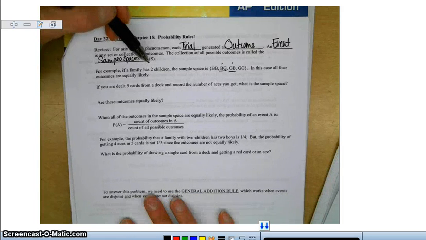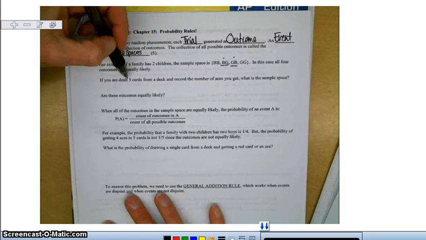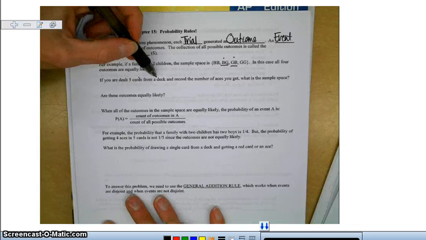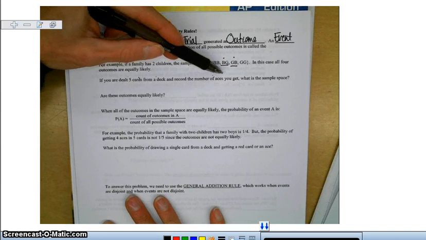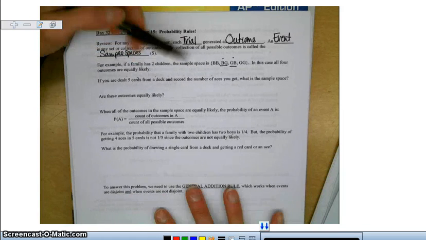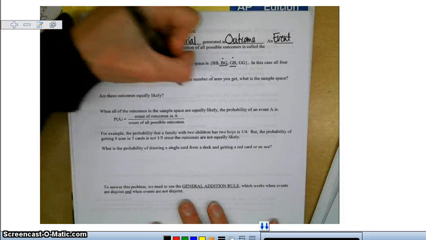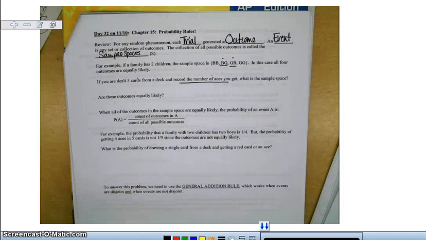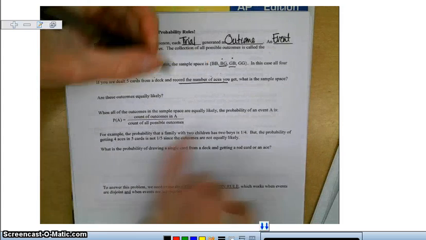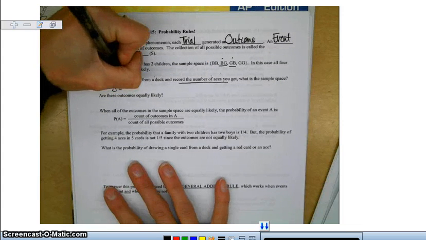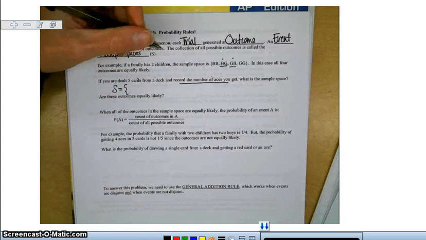Now, if you are dealt 5 cards from a deck and record the number of aces you get, what is the sample space? I'm recording the number of aces, the different possible things that can happen. So the sample space S would be what group of numbers? How many aces can I get?